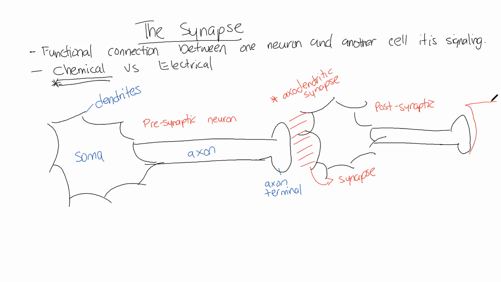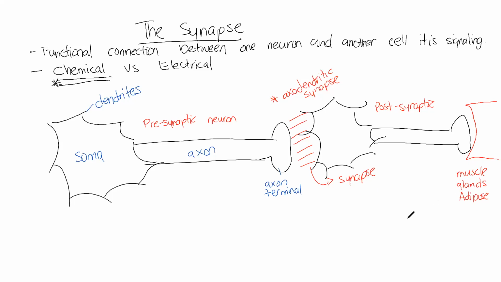So let's draw a cell here, and this can be smooth muscle, we said this can be muscle. This can be glandular tissue. So gland, this can also be an adipose cell. And we'll talk about that in the autonomic nervous system. But these are the types of cells, either a muscle cell, gland, or adipose, that we can have as the second structure in the synapse if it's not another neuron. So it's either another neuron or one of these types of cells.